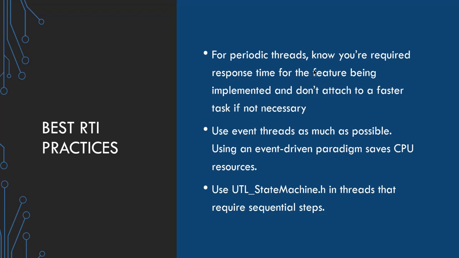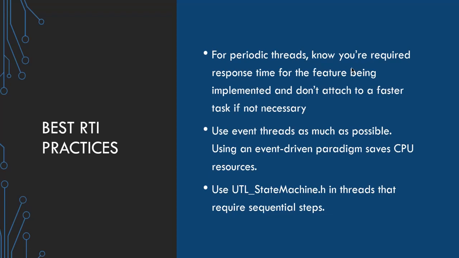So we have 3 best practices listed for RTI use. The first one is for periodic threads. Fairly often I see where implementers will tie a periodic thread to a much faster task than they really need to, and all this does is waste CPU throughput.